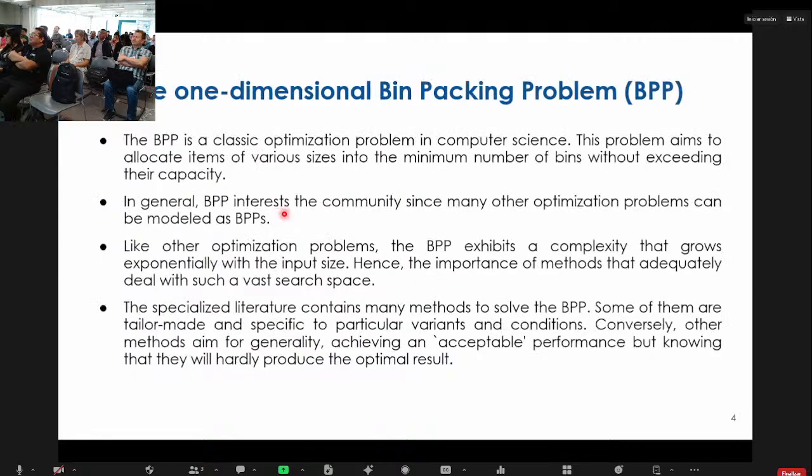Continuing with the next part: what is the bin packing problem? The bin packing problem is a well-known combinatorial optimization problem where the objective is to pack a set of items with different sizes into a finite number of bins in the most efficient way. It has a lot of applications.